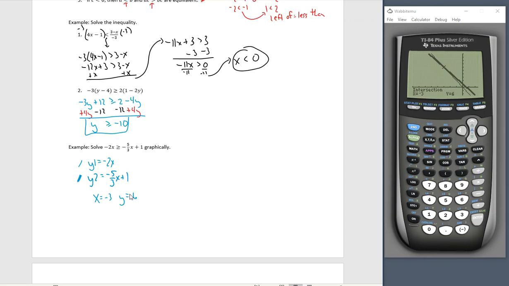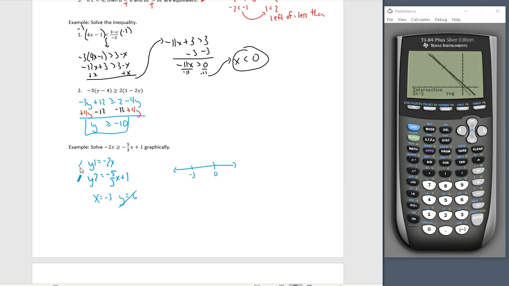So what's our answer here? Keep in mind the original problem only has x values, so it happens to be y equals 6 that we need. Now, which part of this? On a number line, if we only look at the x values here on our coordinate system, here we have negative 3.